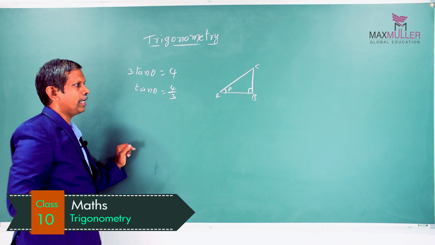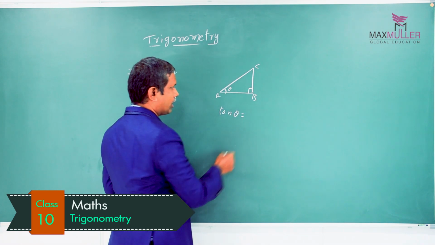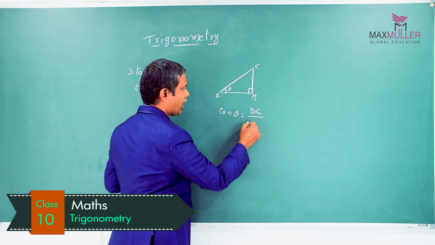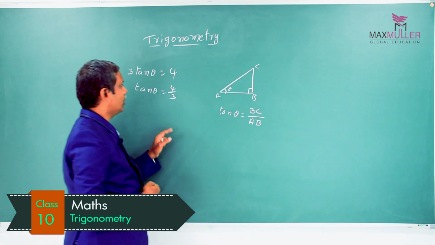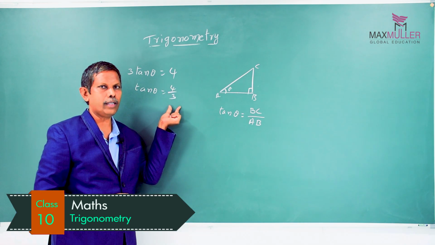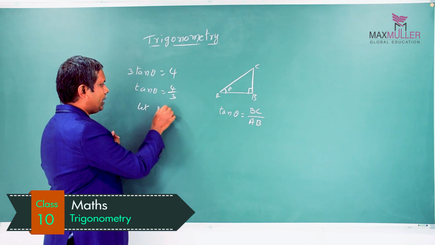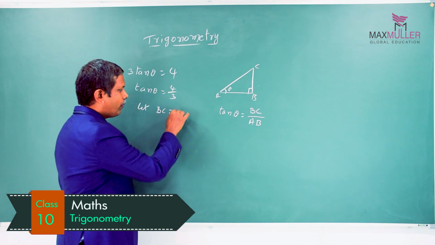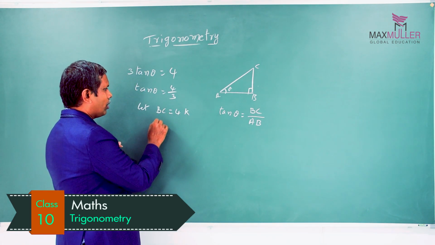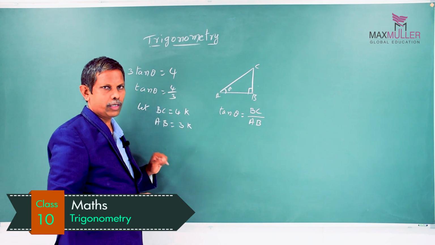You know the ratio of tan theta: it is the side opposite to theta, that means BC by AB, the ratio of opposite and adjacent. Let BC length be 4 times some constant, and AB length be 3 times some constant.